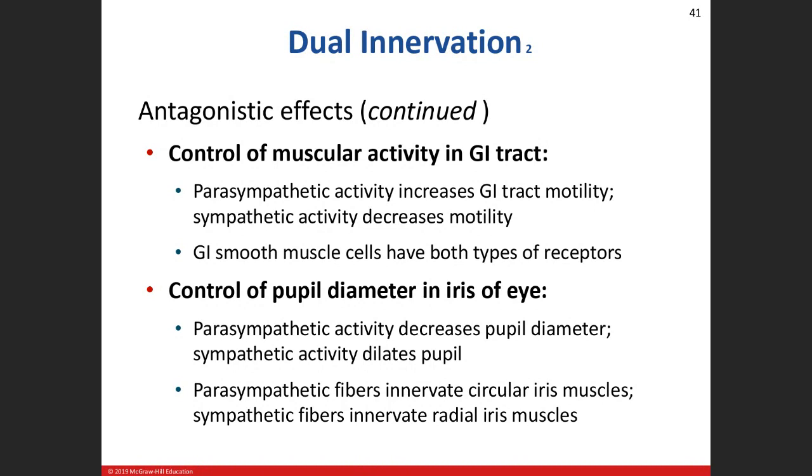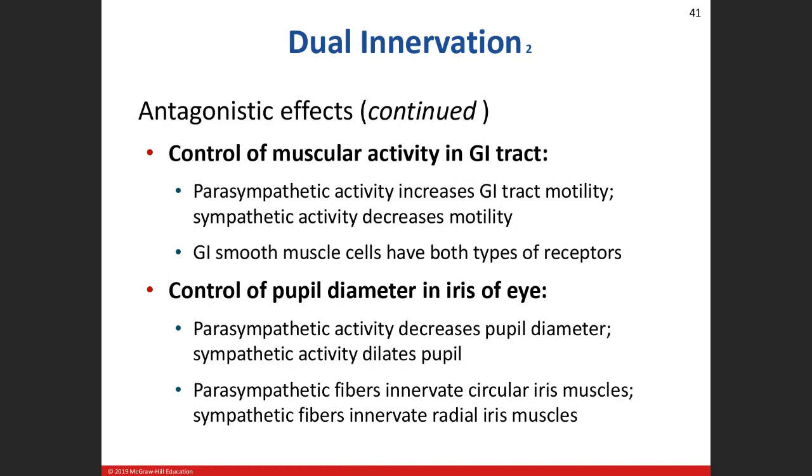It increases secretions for digestive enzyme activity. Whereas the sympathetic nervous system is going to shut that down. It decreases the motility, which makes sense. When you're exercising, if you're going to run a marathon, you really don't need your digestive system at full capacity. You don't need to start having to go to the bathroom when you're running. That's going to be a problem for you.